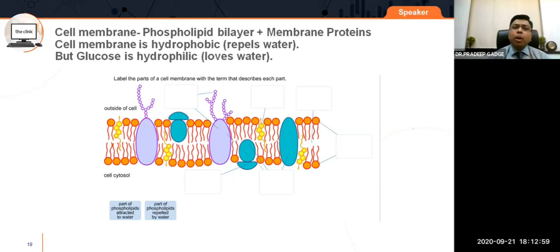And I spoke about how certain molecules like oxygen, nitrogen, carbon dioxide and others can pass in and out of the cell without requiring any specific membrane protein or transport protein. However, glucose is a heavy molecule, a hydrophilic molecule, and it cannot pass through this membrane.